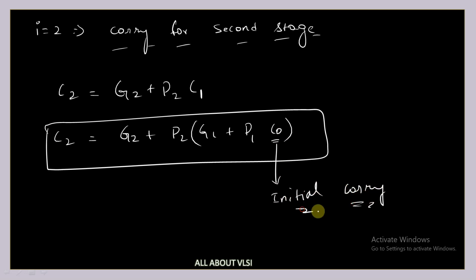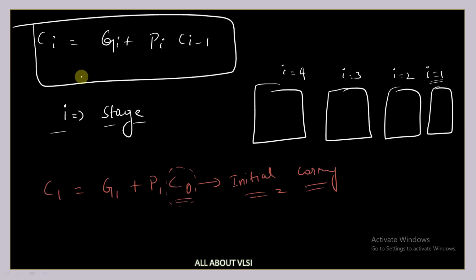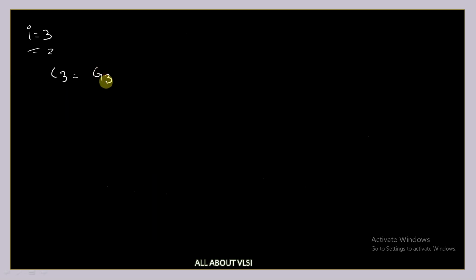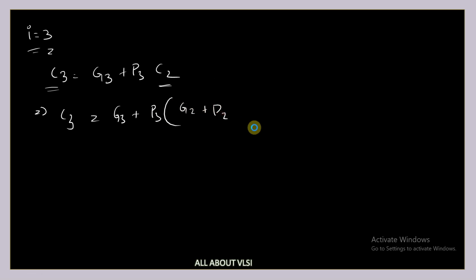Let's say i = 3, then C3 = G3 + P3 * C2. You cannot say the third stage carry is depending upon the second stage because we have C2. No, if you expand the C2 equation, C3 = G3 + P3 * (G2 + P2 * (G1 + P1 * C0)).